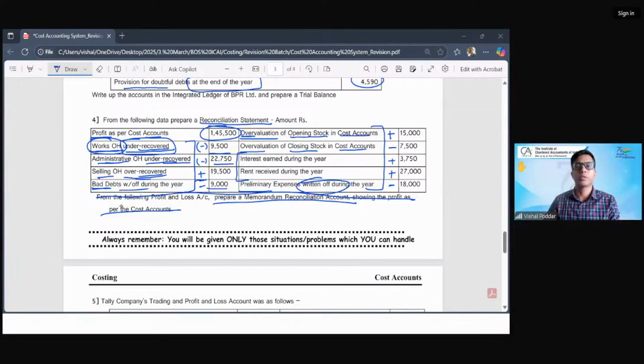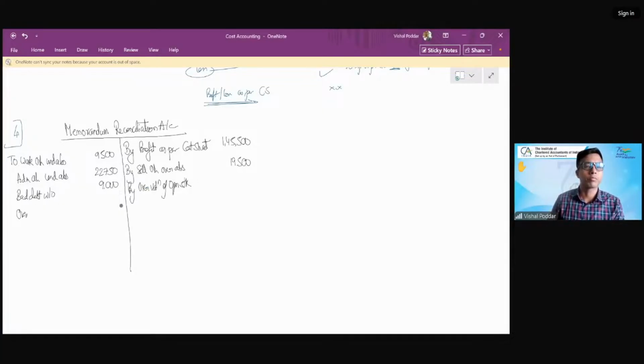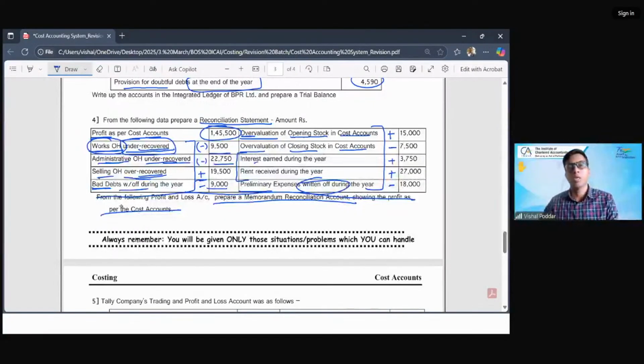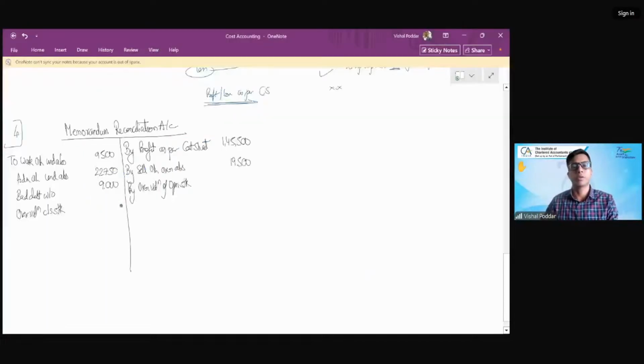Overvaluation of closing stock, opposite side. Interest received, rent received.